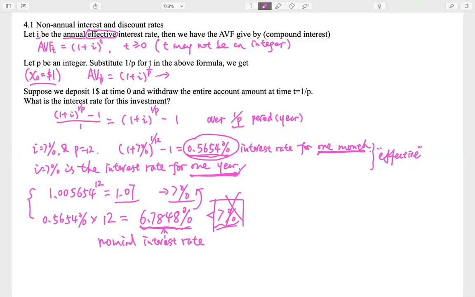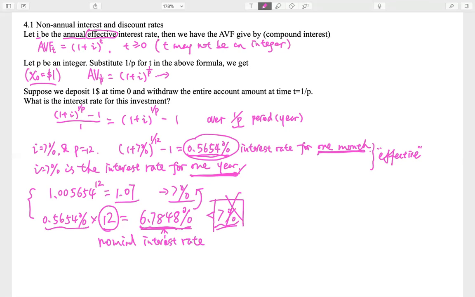So this is the quick difference. Once a nominal interest rate is quoted, you need to divide by the frequency to get the effective interest rate over a single frequency. So here it is 1 month, right? And then you raise it accordingly to the time of the year.